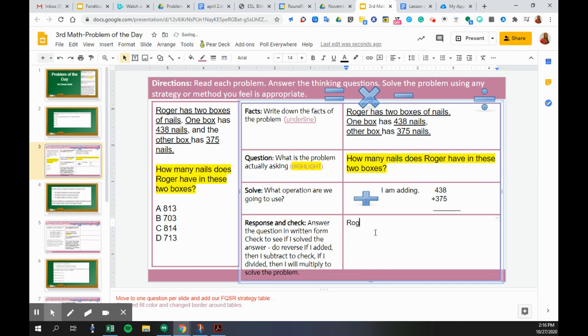So Roger has 813 nails in the 2 boxes. How do I know? I know because, and they can either justify their answer, or like I said, they can do a subtraction.